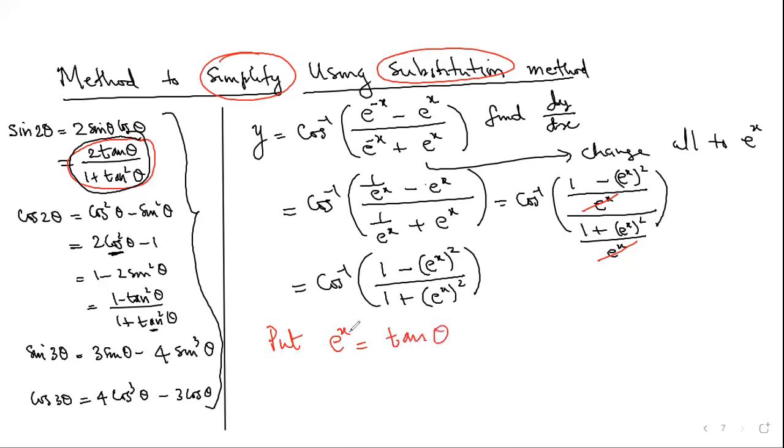One thing to notice: if you're using x here, don't use the same letter here, use some other letter. That's why we are using tan theta. So theta is tan inverse e raised to x. So y is equal to cos inverse of 1 minus tan square theta upon 1 plus tan square theta.